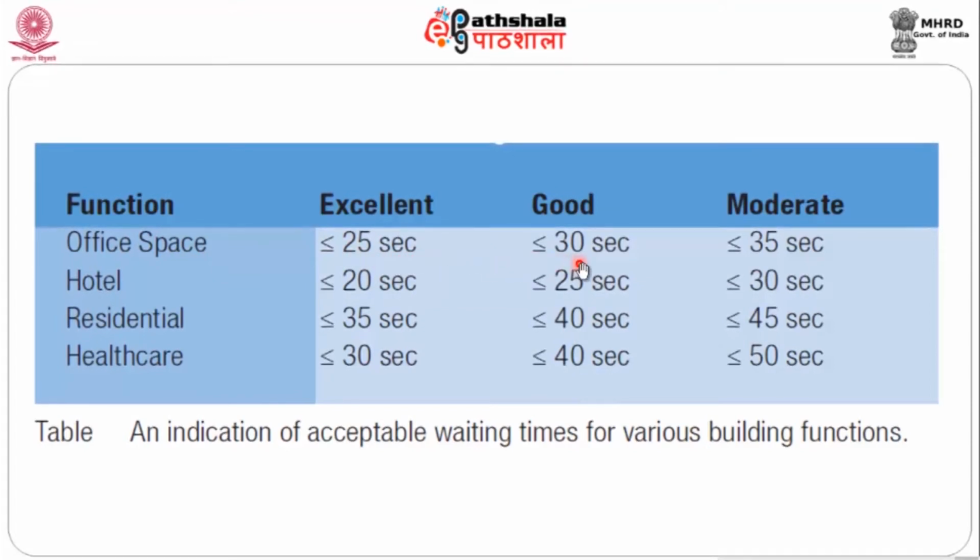Around 30 is considered good, and 35 is moderate. For healthcare, excellent is less than or equal to 30, whereas moderate is less than or equal to 50 seconds. Similarly, hotel and residential values are also given for the benefit of understanding.